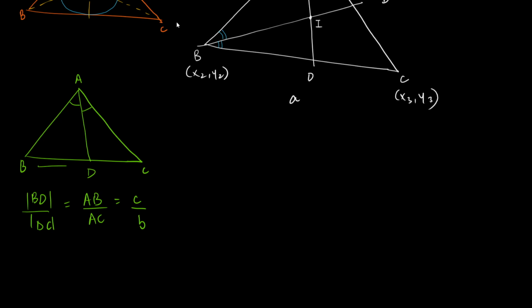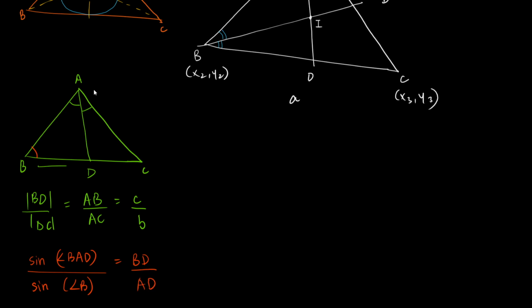How do you prove this? Well, let's see. What we can do is write using the sine rule, and I'm going to give this a very short proof since that's not the purpose of this video. Using the sine rule, we can write sine of angle BAD divided by the sine of angle B, meaning this entire angle, is equal to the side opposite to angle BAD, which is BD, over the side opposite to angle B, which is AD.